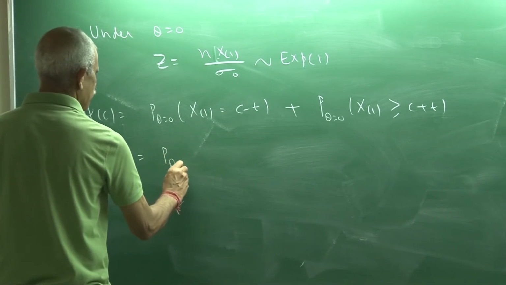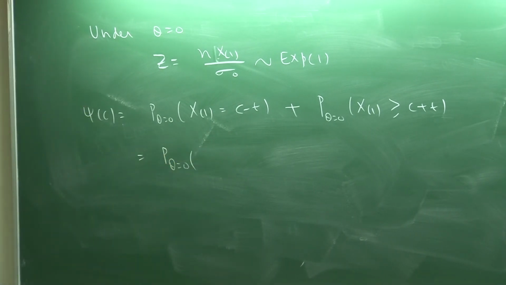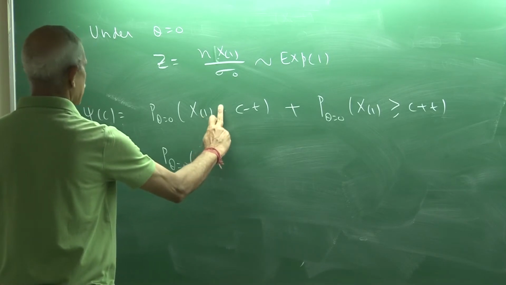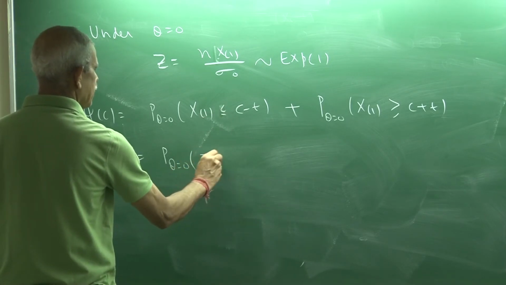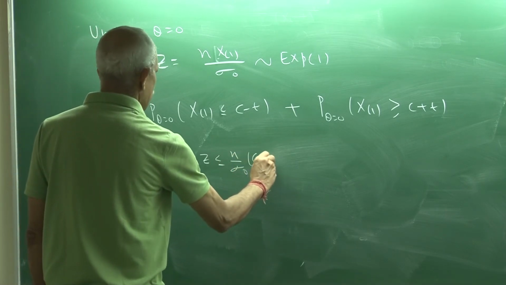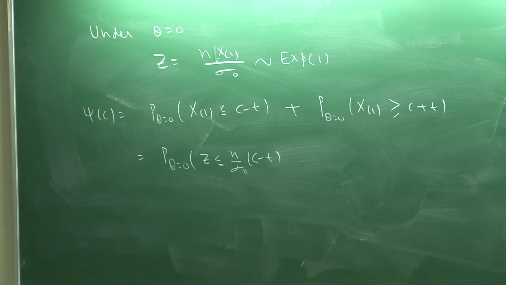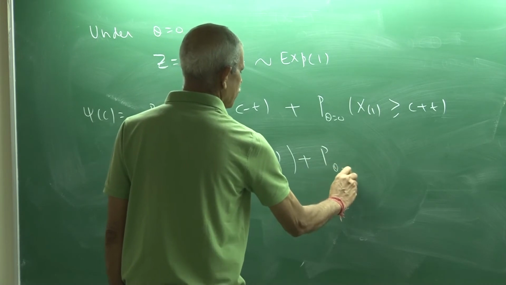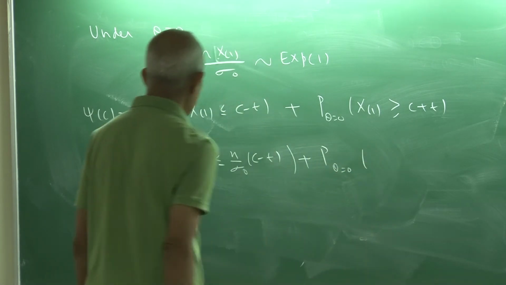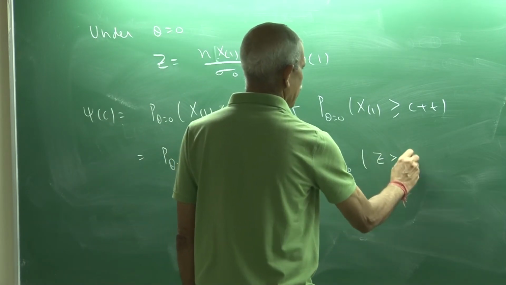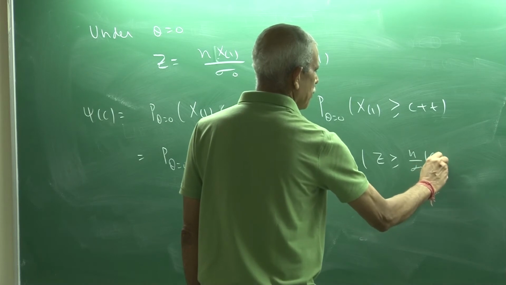So this is saying that probability of theta is equal to 0, x1 is nothing but, so I can write down n by sigma naught, sorry, this should be less than or equal to. So z is less than or equal to n by sigma naught (c minus t) plus probability that theta is equal to 0, z is greater than or equal to n by sigma naught (c plus t).